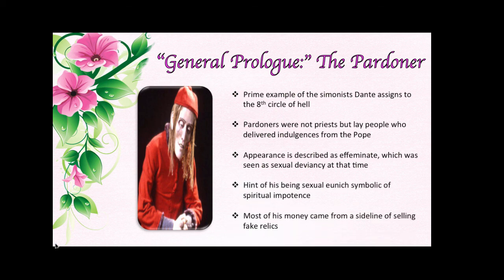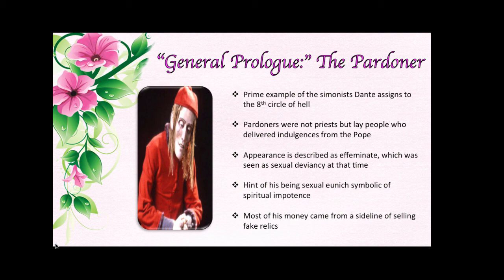And then finally, in the introduction to the partner that we have in the General Prologue, we reach a discussion of how he carries with him various pieces of, well, garbage that he would then claim were religious relics and sell. And that's how he made most of his money.